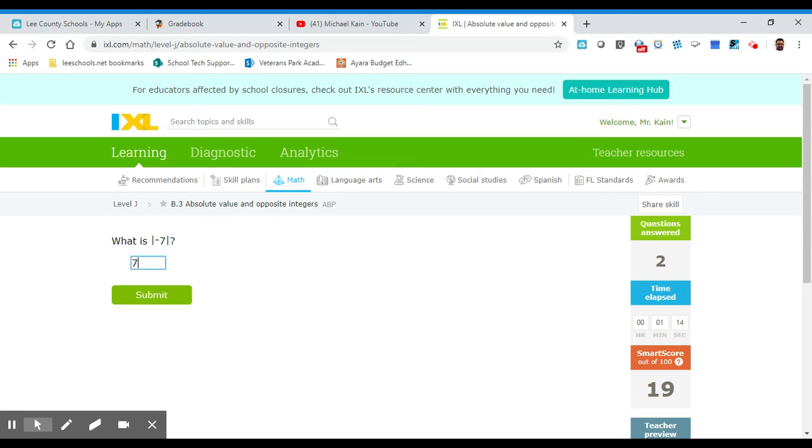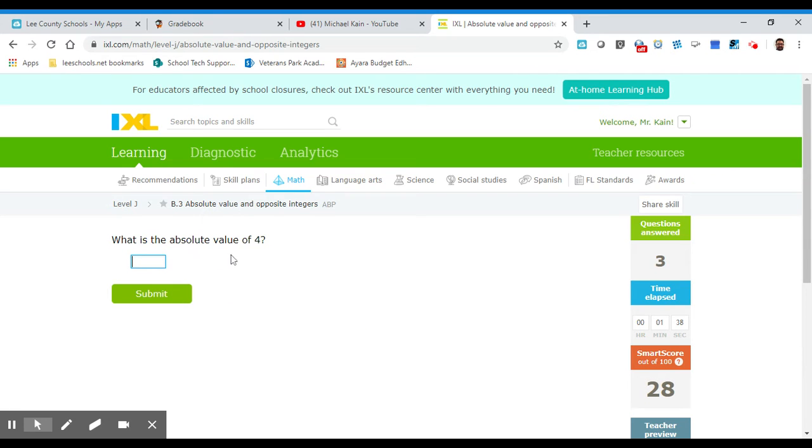If I said it took me 7 miles to get to school, it would be a positive 7 miles. And then if I said, "What's the distance from the school back to my house?" I wouldn't walk backwards and say it's a -7, right? It's always positive 7.